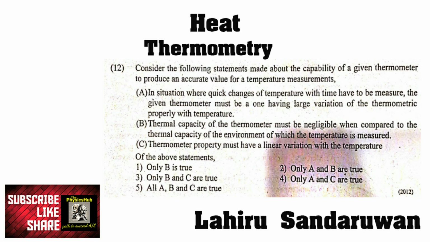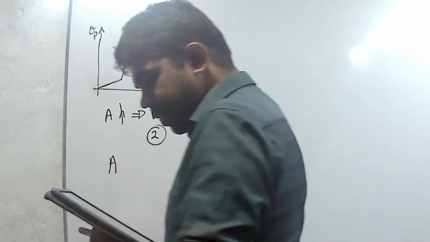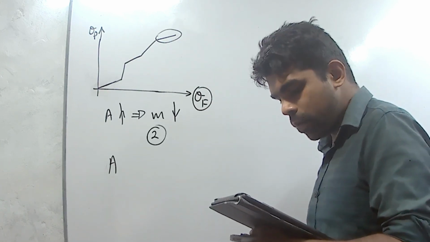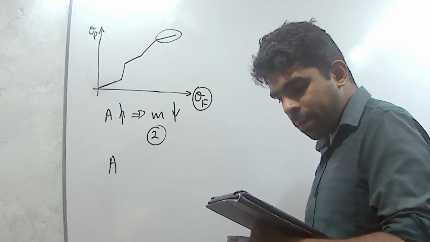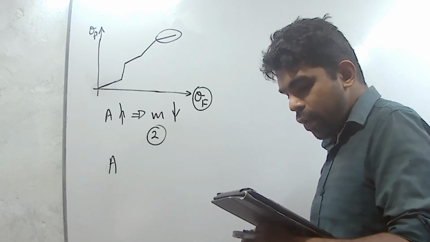Statement A: in situations where quick changes of temperature with time have to be measured, the given thermometer must be one having large variation of thermometric property with temperature.